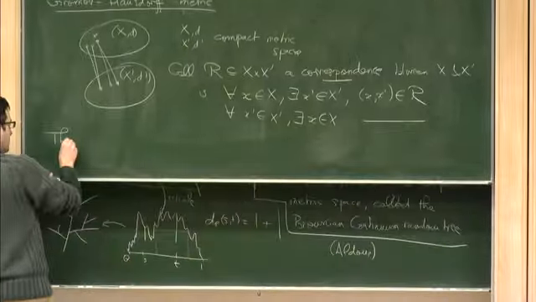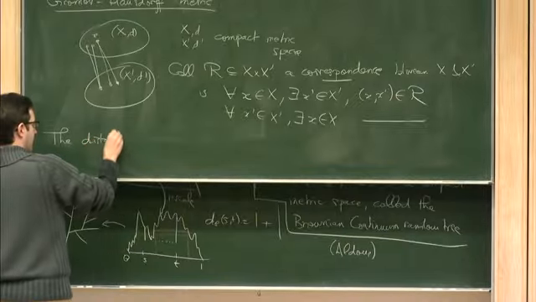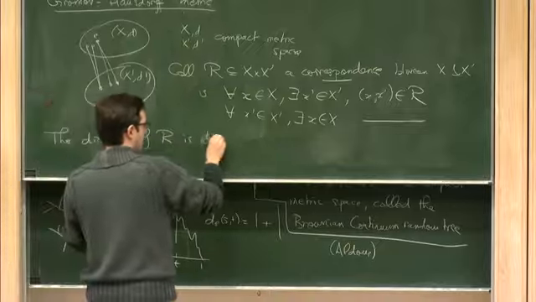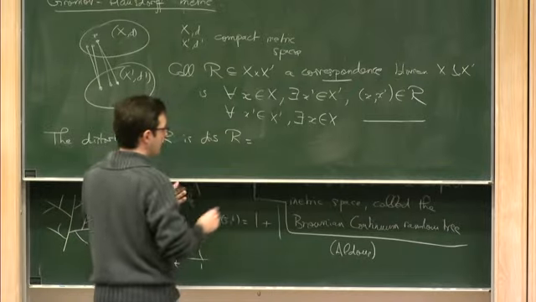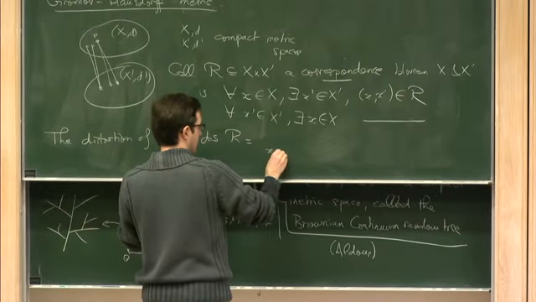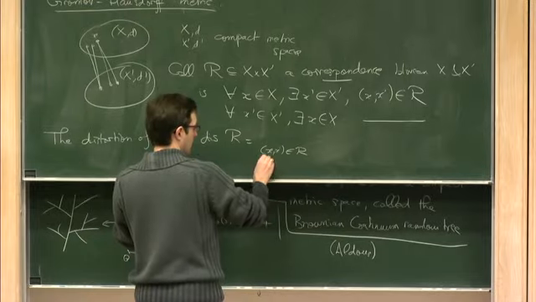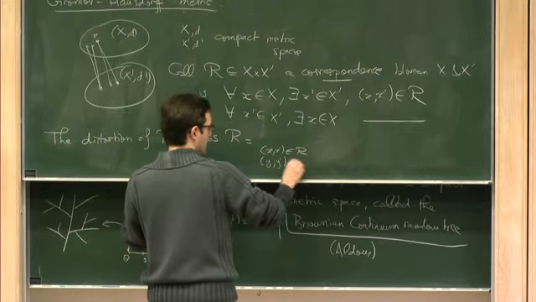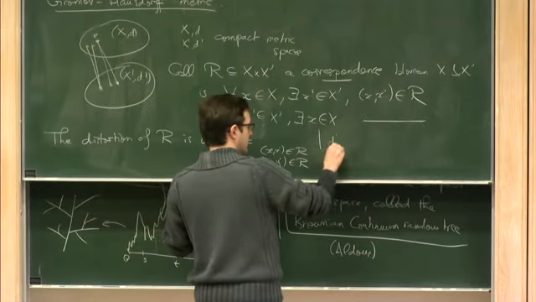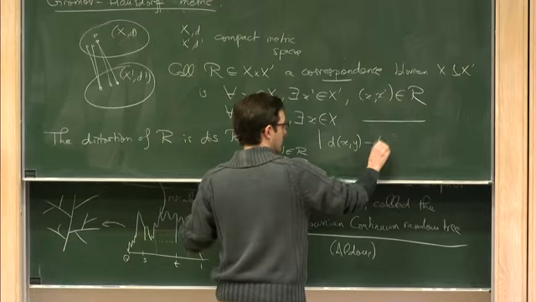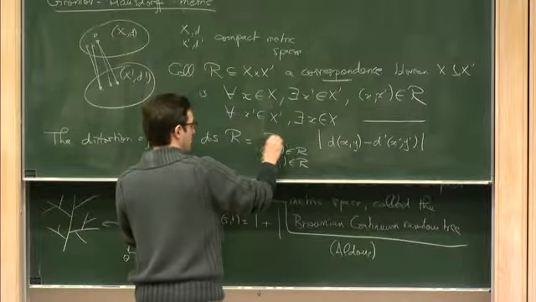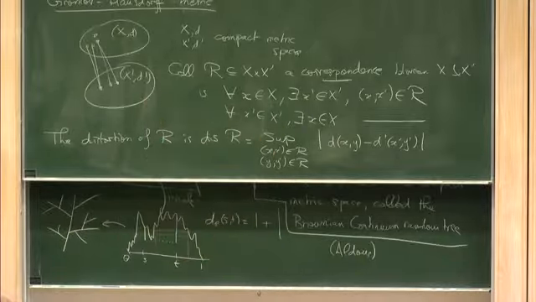And the distortion of R is defined by the following formula. You take two points x, x' in correspondence, and two points y, y' in correspondence, and take the absolute difference between the distance d(x, y) and the distance d'(x', y'). And you maximize over all these possible pairs.